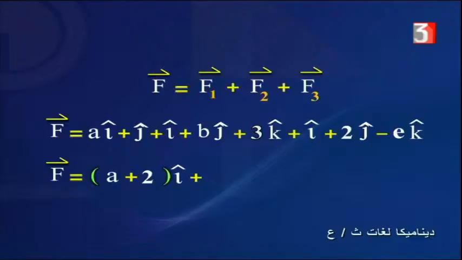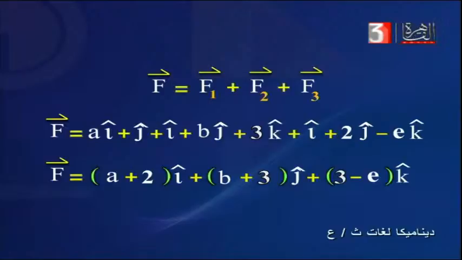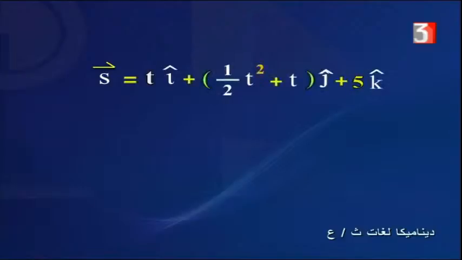Then vector F equals A plus 2 i plus B plus 3 j plus 3 minus E k. This relation is the resultant force acting on the body. The displacement vector of this body, vector S equals T i plus half T power 2 plus T j plus 5k vector.